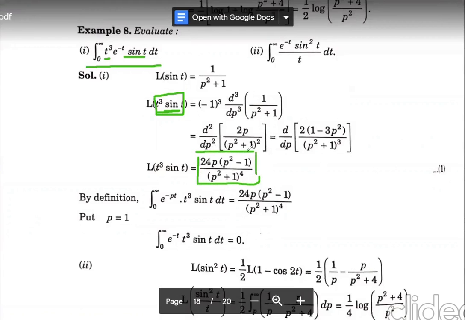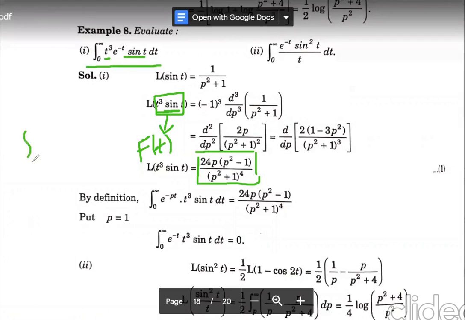Now, since you have considered this t cube sine t as your f of t, if you use the Laplace transform formula, what is the Laplace transform of f of t?